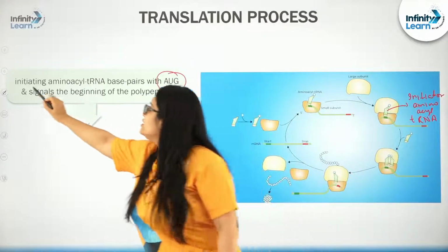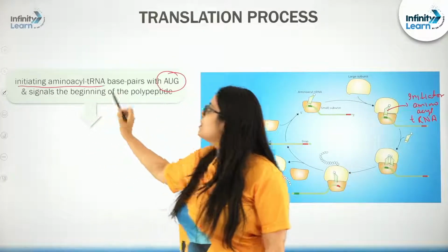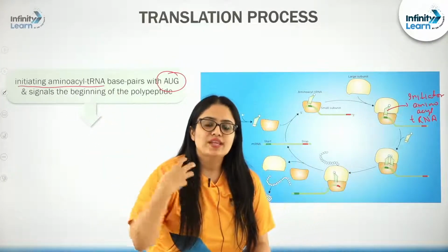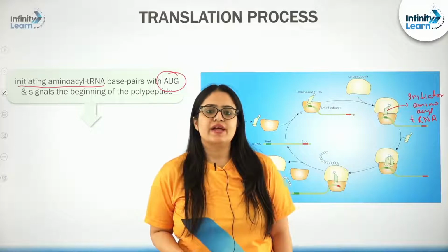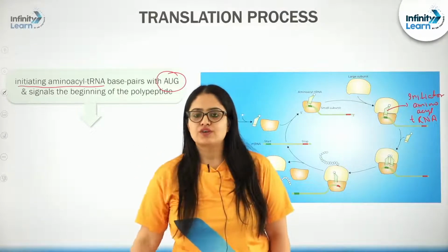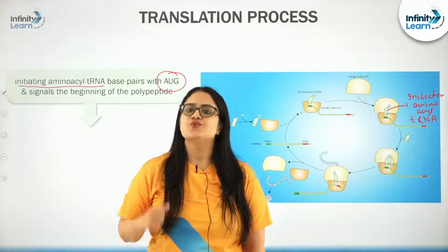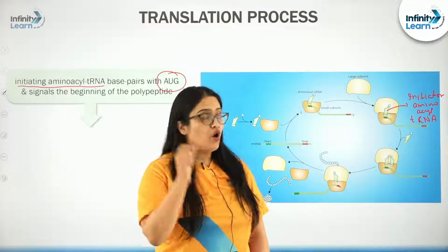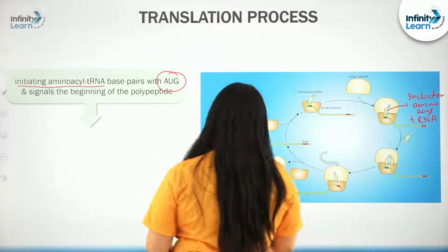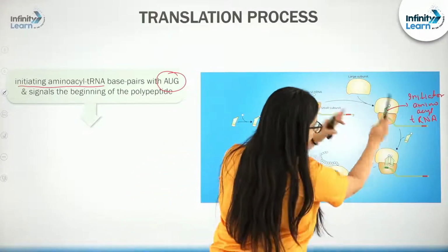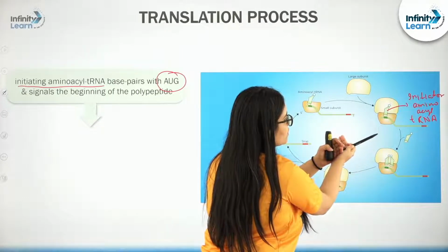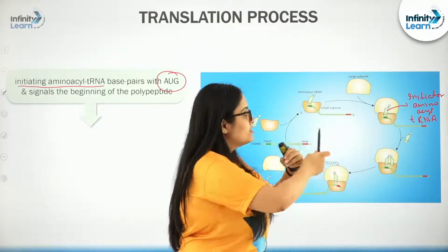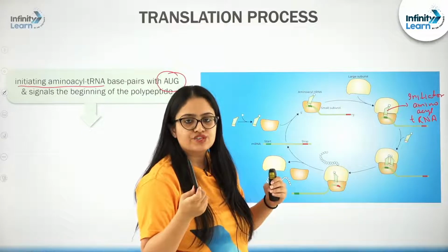So, this initiating aminoacyl tRNA with the help of complementary base pairing will bind to the start codon, that is AUG, right.